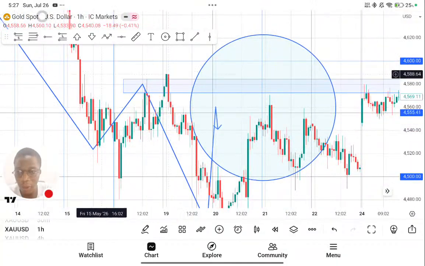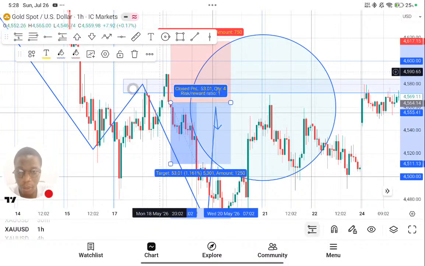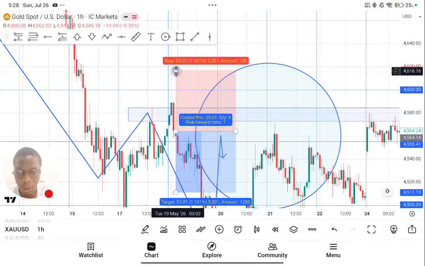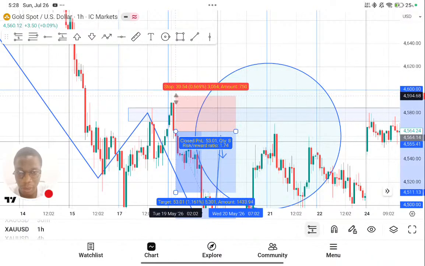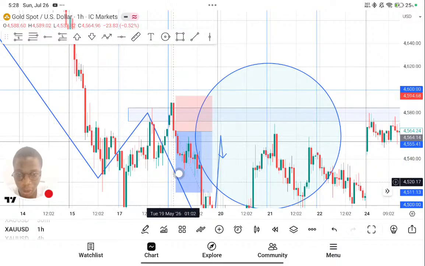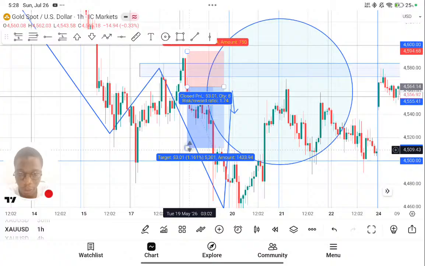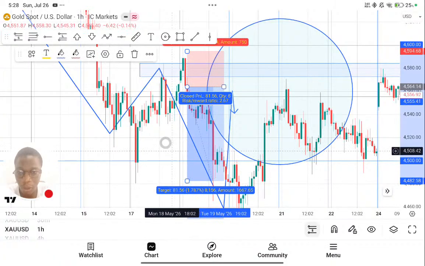You see this engulfing candlestick from this zone. You sell here, this was an indication that sellers took over. You sell from this zone, and you would have targeted this low, right?